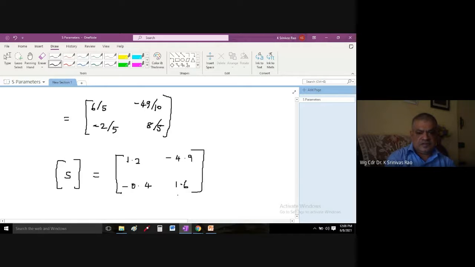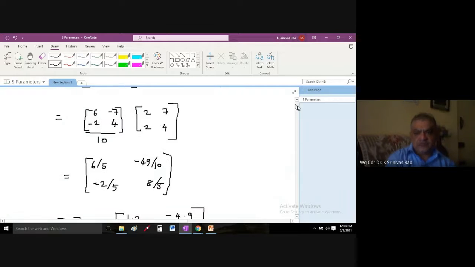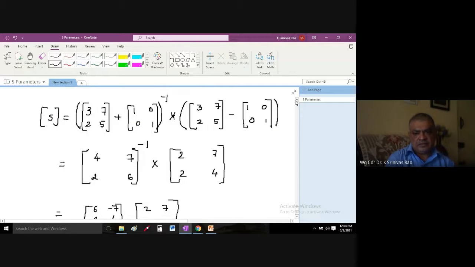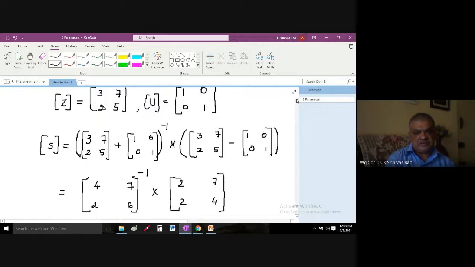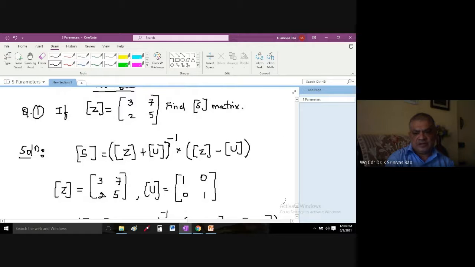So this is the scattering matrix for the given problem. Like this you have to solve. This is of 6 marks, a very simple way. You should know how to take the inverse, and how to do matrix multiplication, addition and subtraction. If you do that, then you will be able to solve this very easily. So this is the problem of finding the S matrix.